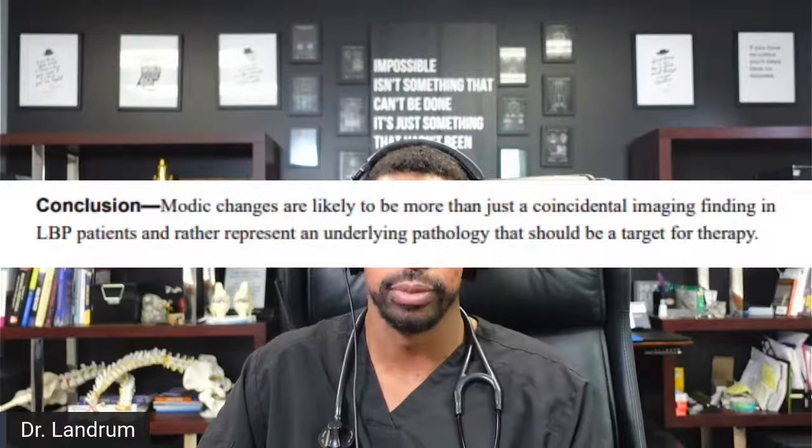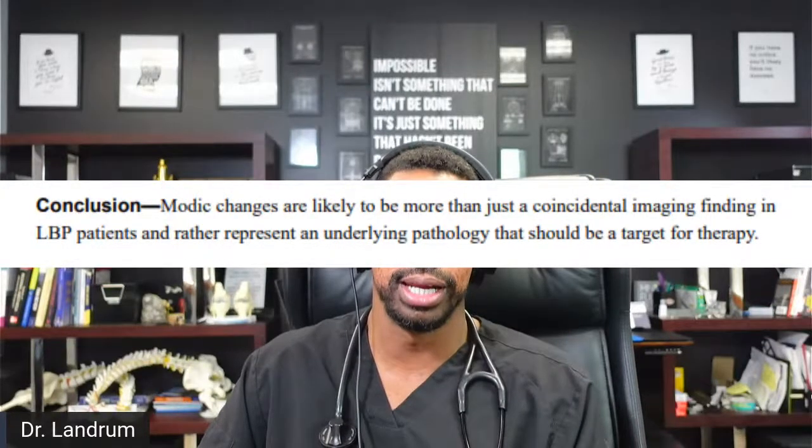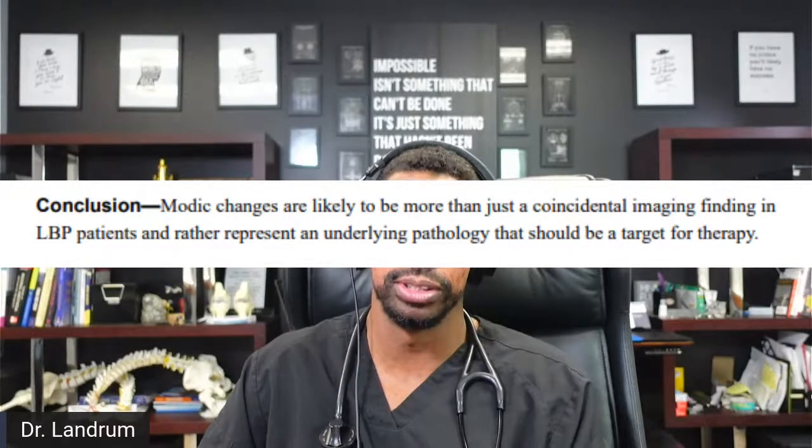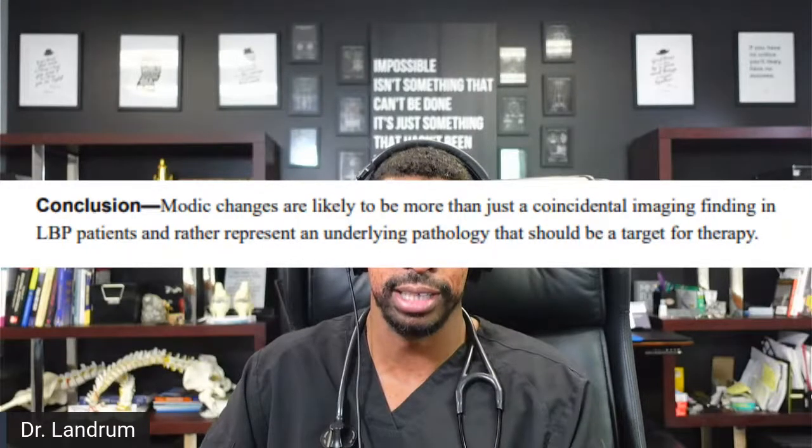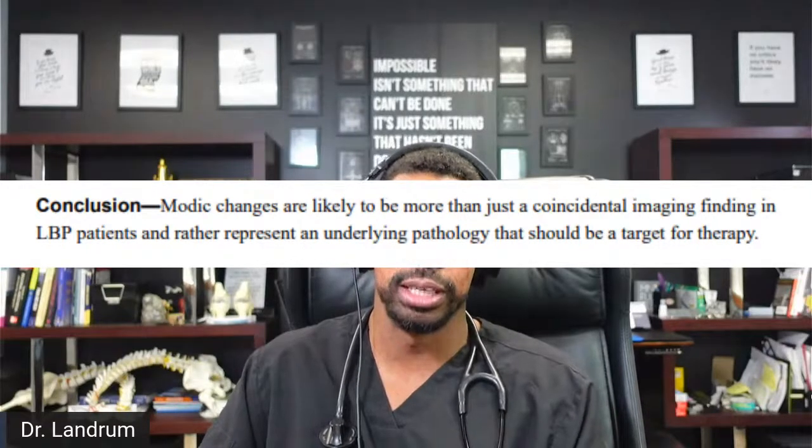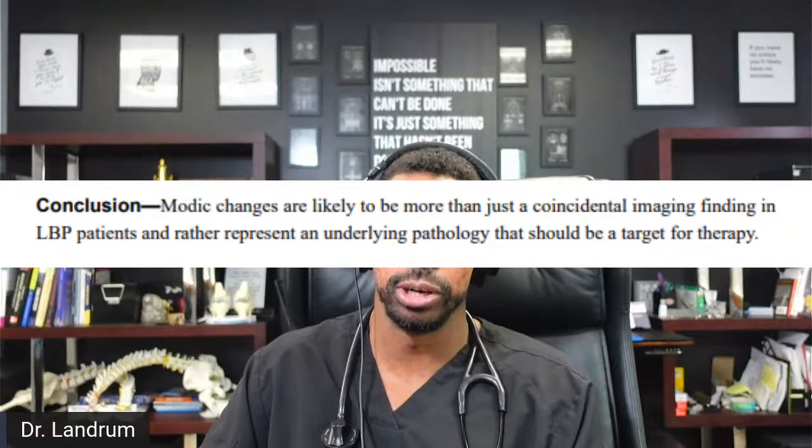And one of the papers has a conclusion that I think sums things up very succinctly: Modic changes are likely to be more than just a coincidental imaging finding, but rather represent an underlying pathology that should be a target for therapy. So in essence, we're doing a disservice to some of our patients by not looking for this more aggressively, seeing that it's causing back pain, and then treating it accordingly.